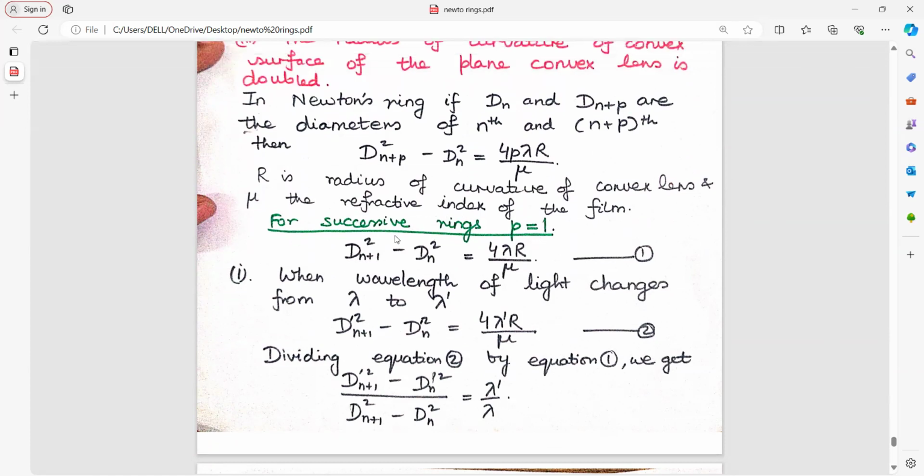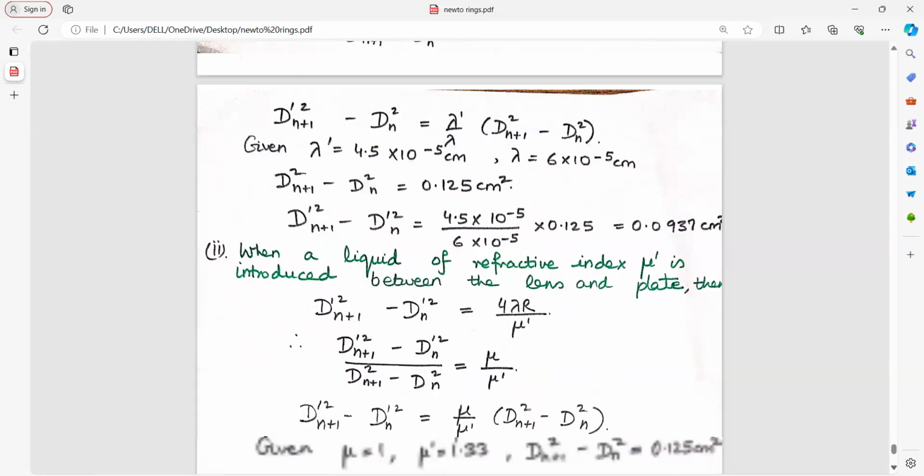For successive rings, that means one after the other, suppose I say second and first, so 2 minus 1 is 1. Third and second, 3 minus 2 is 1. P will be equal to 1. Only trick in the numerical. Simple, put the values. You can simplify it either by dividing or even cross multiplying. It makes no difference. You get the answer.